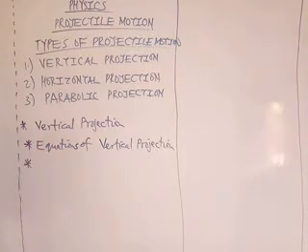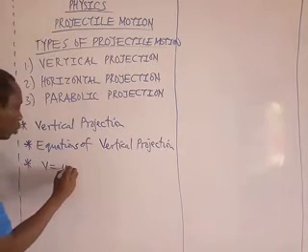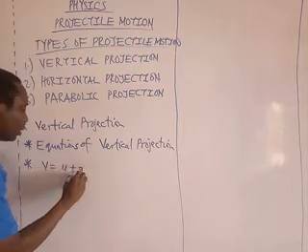Equation 1. Equation 1 says V is equals to U plus or minus GT.